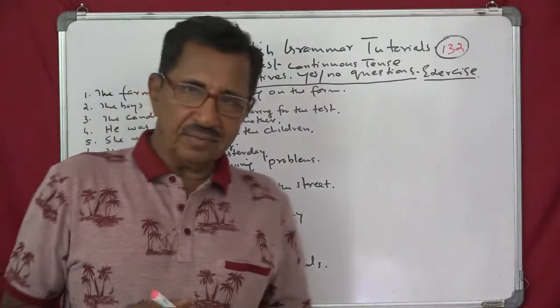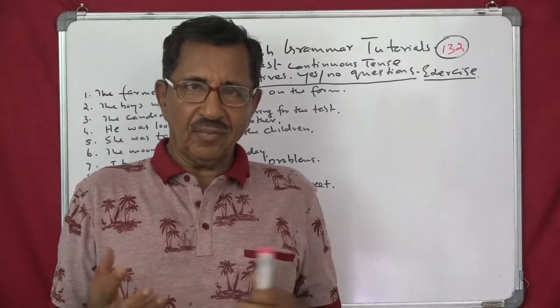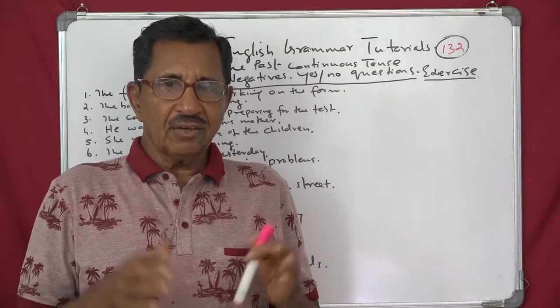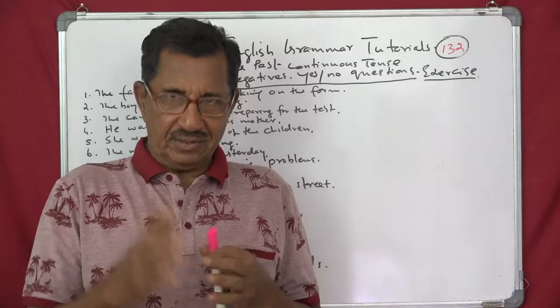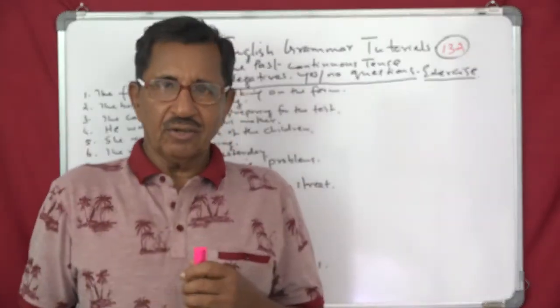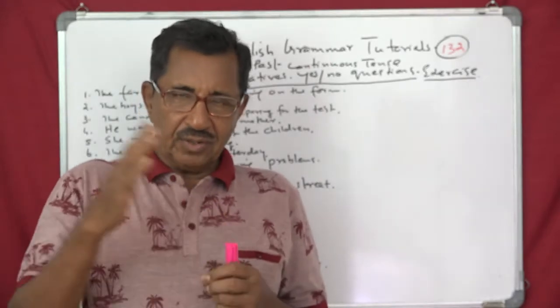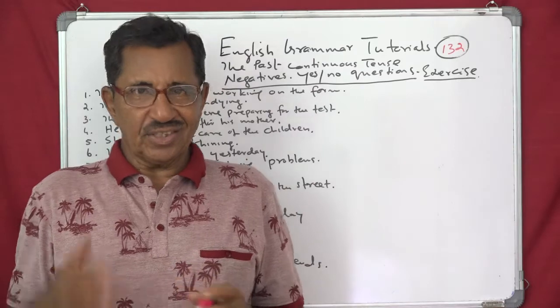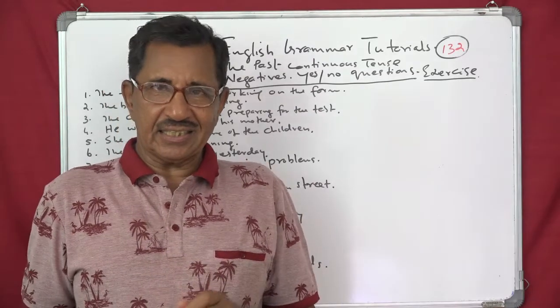You know the simple way of making questions, as I already told you. If you have more than one part in the verb phrase, if you have two parts there, you take the first part and bring it to the beginning of the sentence. Understand?